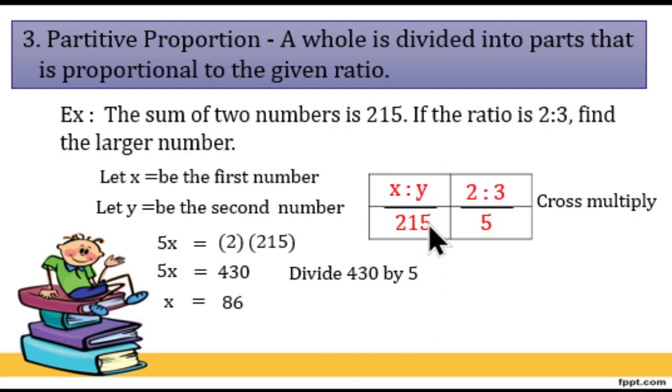So this time, let us solve for y. So y times 5. That will become 5y. Okay, again, to rewrite, so x and y is equal to 215, and then 2:3. The sum of 2 and 3 is 5.